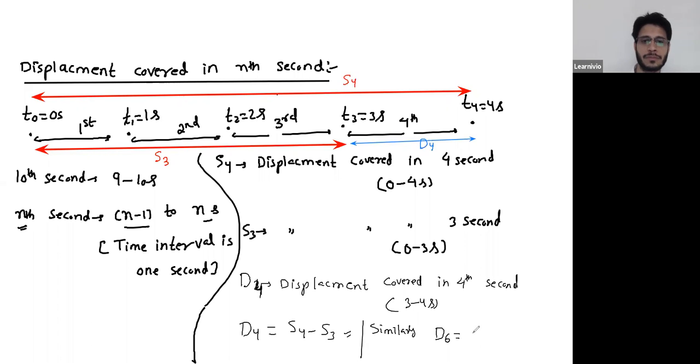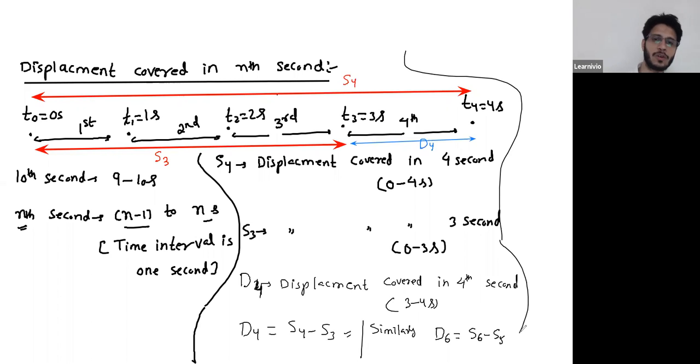S6 minus S5. If I asked you to calculate displacement covered in the tenth second? S10 minus S9. If I ask you to calculate dn, which is displacement covered in nth second.